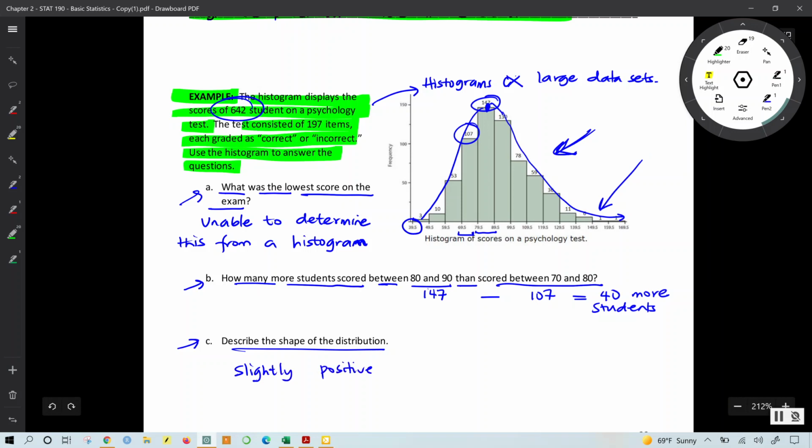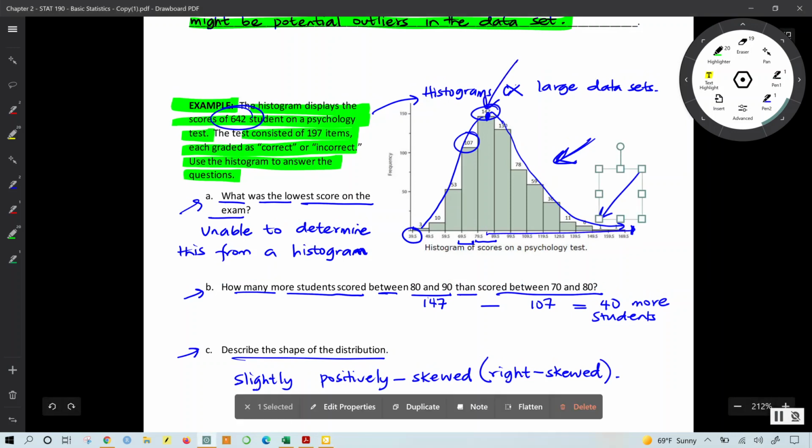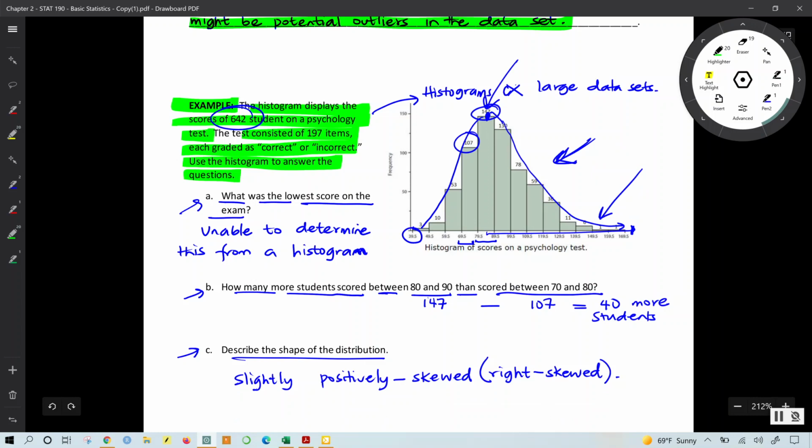This can be a little bit subjective. Take note, this is the same as right skewed. What that means is that more values appear to be greater than the most typical values than not.